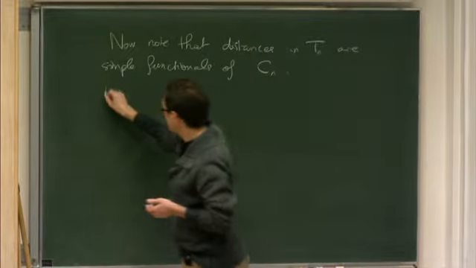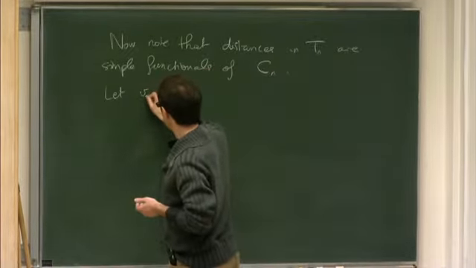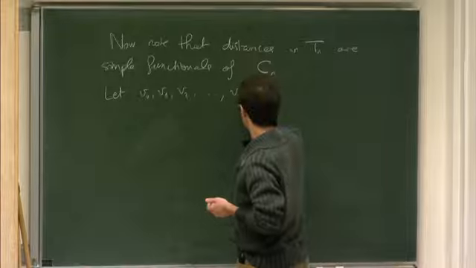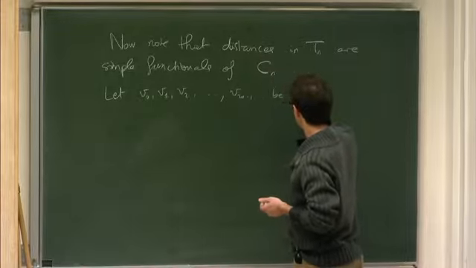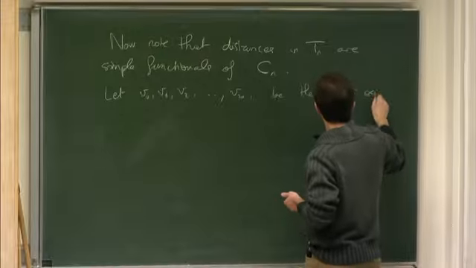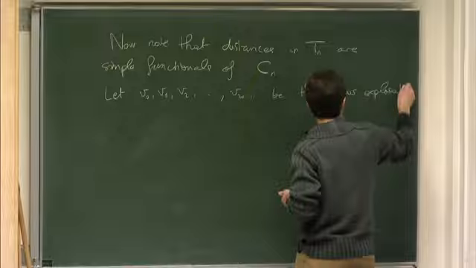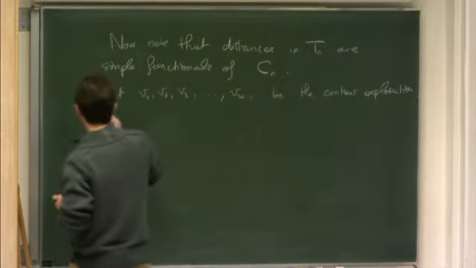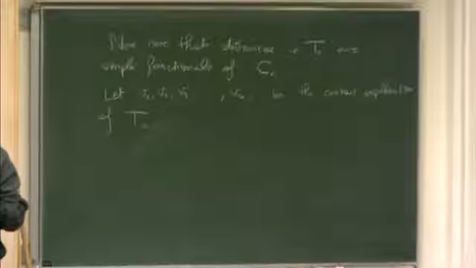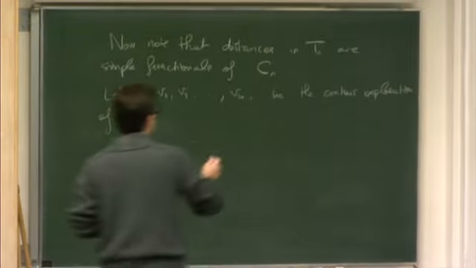Namely, let V0, V1, V2, up to V2n, which is -1, be the contour exploration of Tn. That means that Vi is the ith visited vertex in contour order.